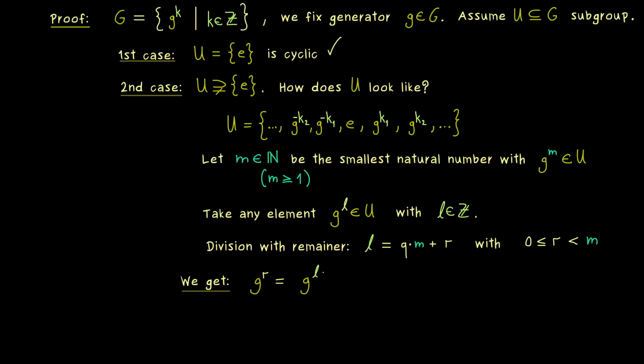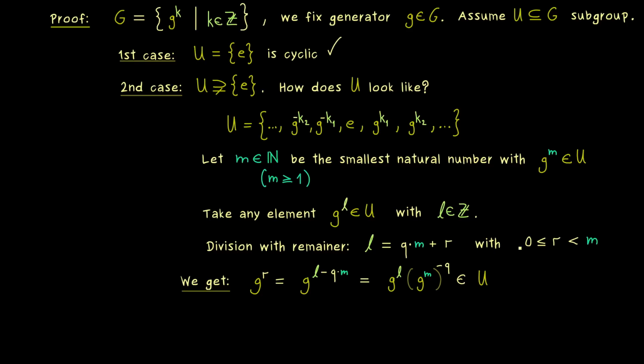However, now we also know that this is g to the power L minus q times m, which can be rewritten as the element g to the power L times g to the power m to the power minus q. So you see, these are 2 elements of the subgroup U, and the second one is just an inverse in U. Therefore, this combination of subgroup elements is also an element in the subgroup U. And there you see we don't have many possibilities for r.